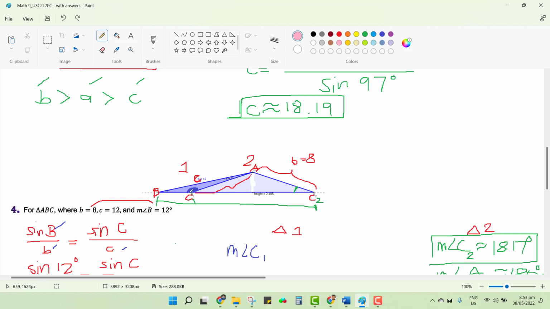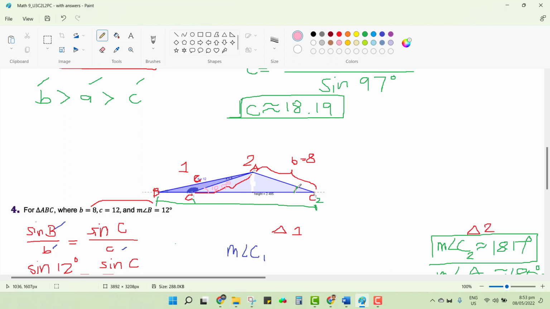And the isosceles triangle theorem, if you still remember, tells us that this base angle is also equal to this base angle. So this is 18.17. This is also 18.17. But 18.17 again is not the angle for C1, because this is what C1 is.